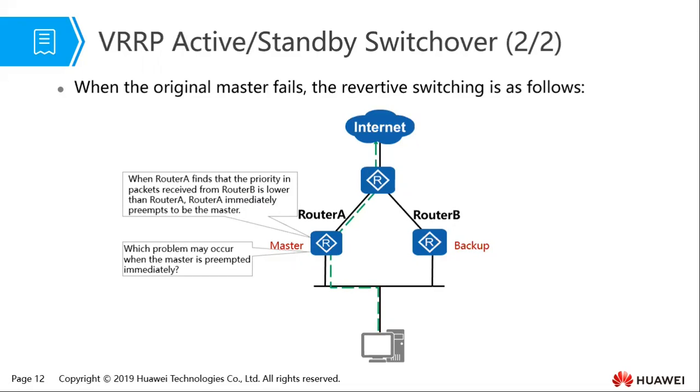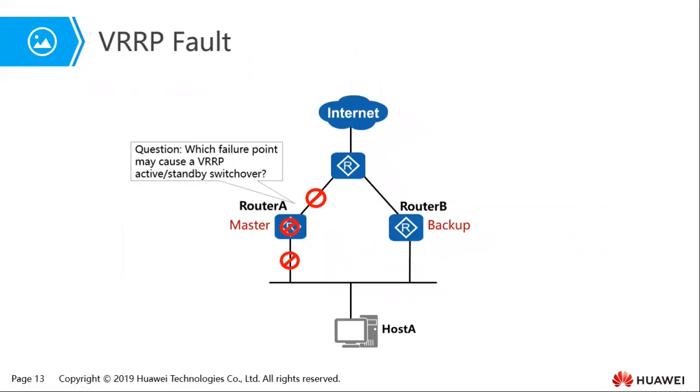Now, which problem may occur when the master is preempted immediately? As you already know, traffic was being sent via this particular guy. If the preemption is done immediately, what are some of the problems that you think will occur?